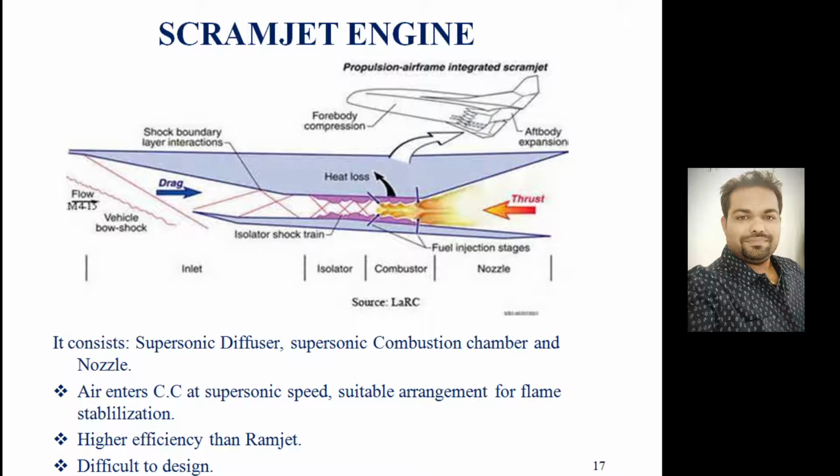So to enhance the speed further beyond Mach number 4, particularly for getting hypersonic speed capability, a further design was made. Instead of having a supersonic diffuser and a subsonic diffuser, the design was slightly changed to make only one supersonic diffuser, followed by supersonic combustion. Look at the shape of the diffuser, right?